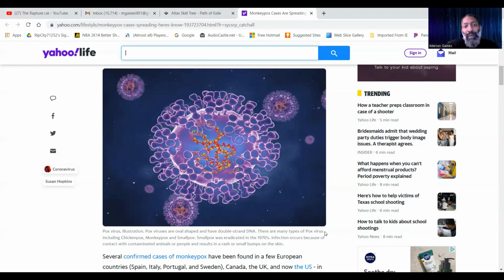There are many types of pox viruses, including chickenpox, monkeypox, and smallpox. Smallpox was eradicated in the 1970s. Infection occurs because of contact with contaminated animals or people and results in a rash or small bumps of the skin.